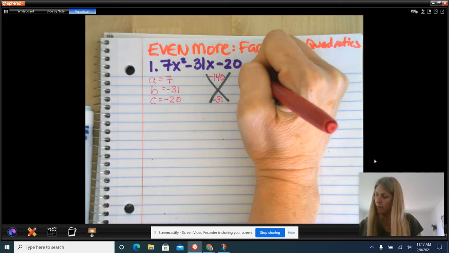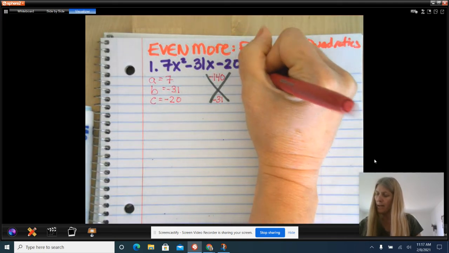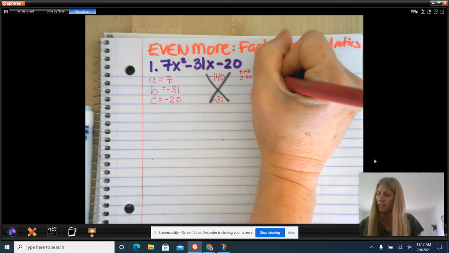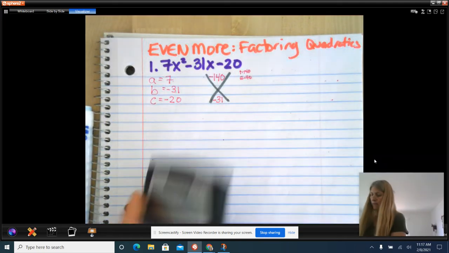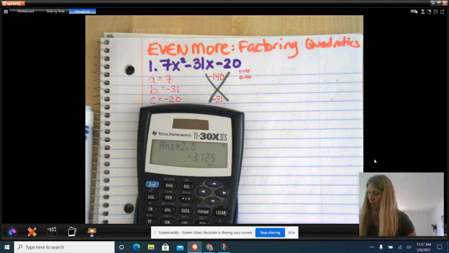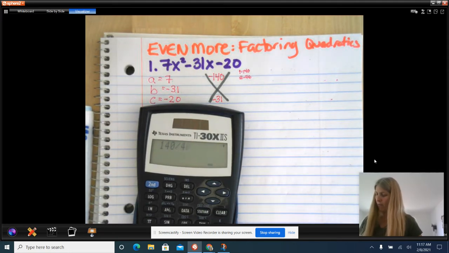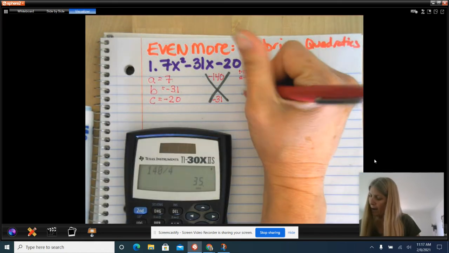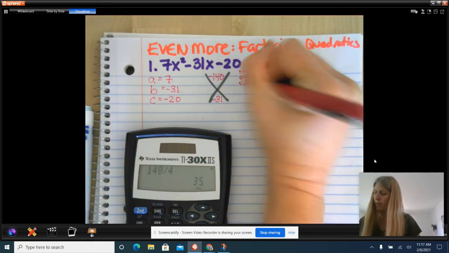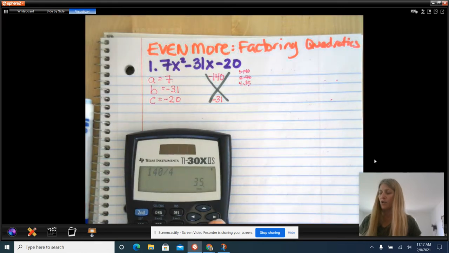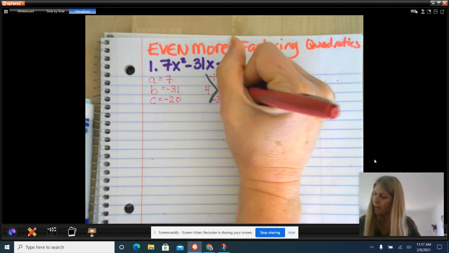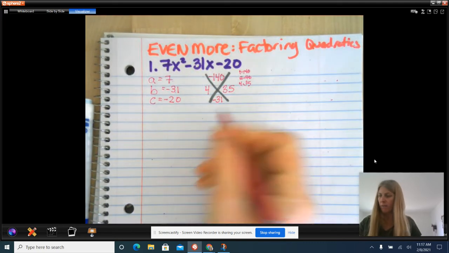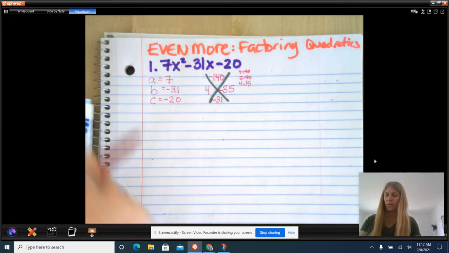So 1 times 140 gives me 141 or 139. 2 times 70 gives me 68 or 72. 3, I'm going to see if that goes in evenly. 140 divided by 3, it does not. 140 divided by 4 does. So we have 4 times 35, which adds to 39, subtracts to 31, and that's what I'm looking for. So I have a 4 and a 35. It needs to be a negative 31, so that's going to be minus 35.